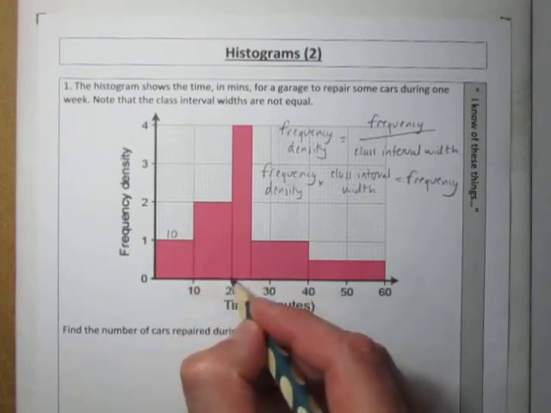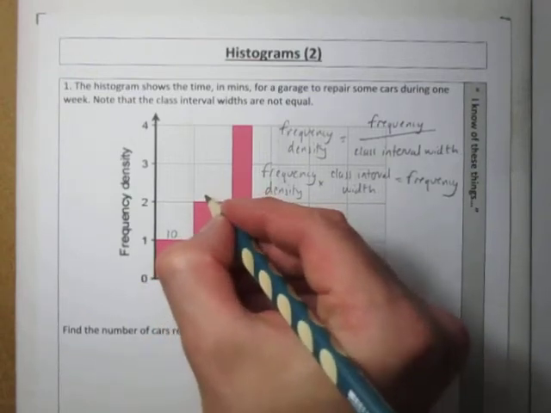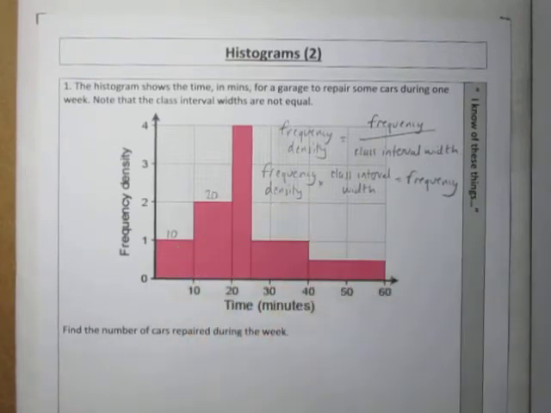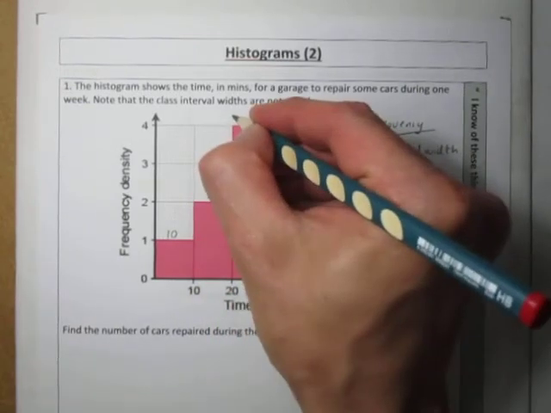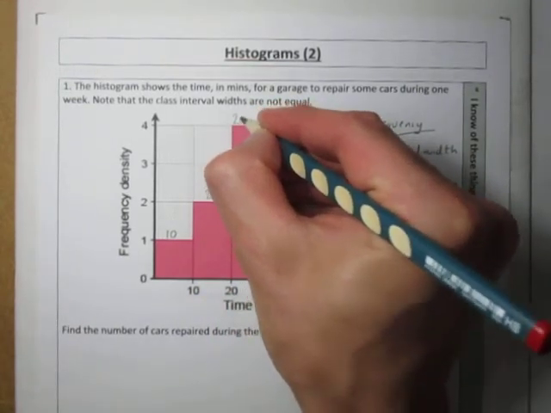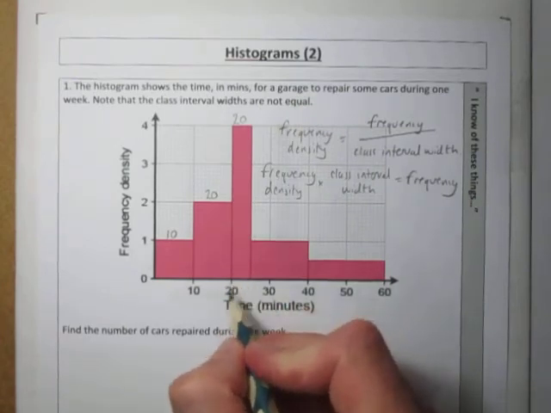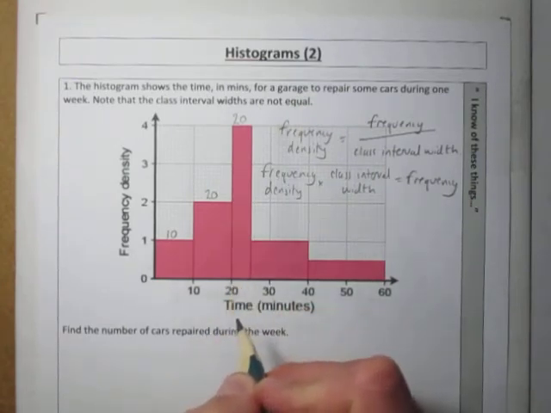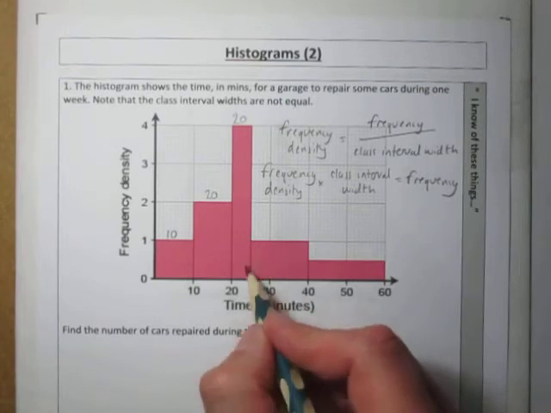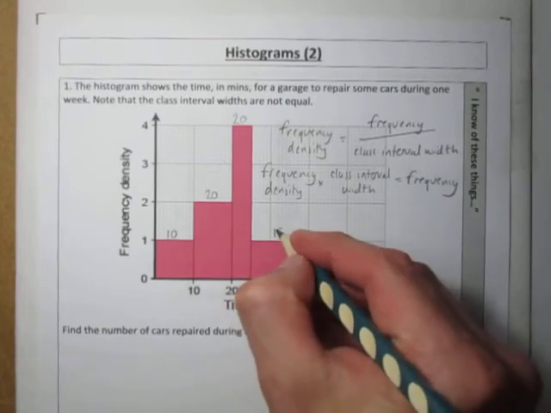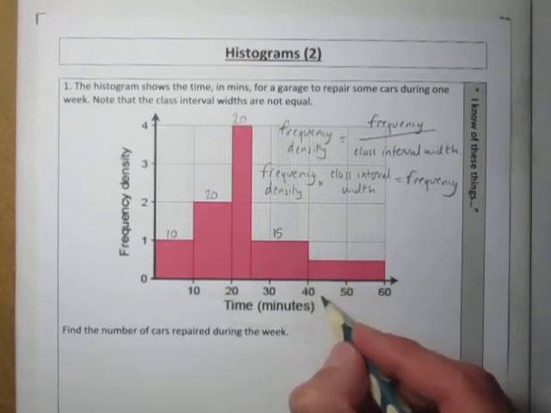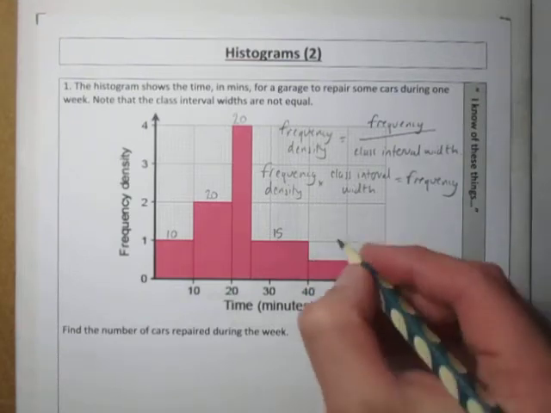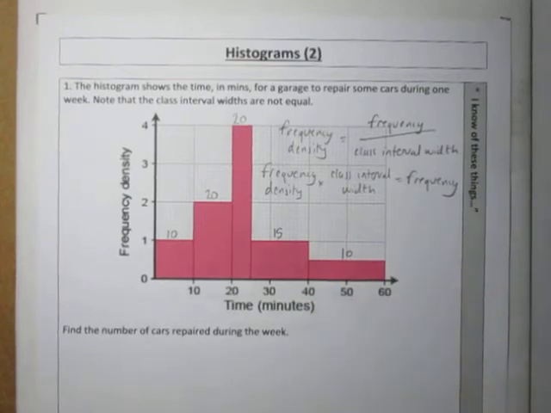2 times by 10 gives us a frequency of 20 cars repaired between 10 and 20 minutes. 4 times by 5 gives us a frequency of 20 cars repaired between 20 and 25 minutes, and so on for the other groups. 1 times by 15, that's 15 cars repaired, and 0.5 times by 20 gives us 10 cars repaired there.